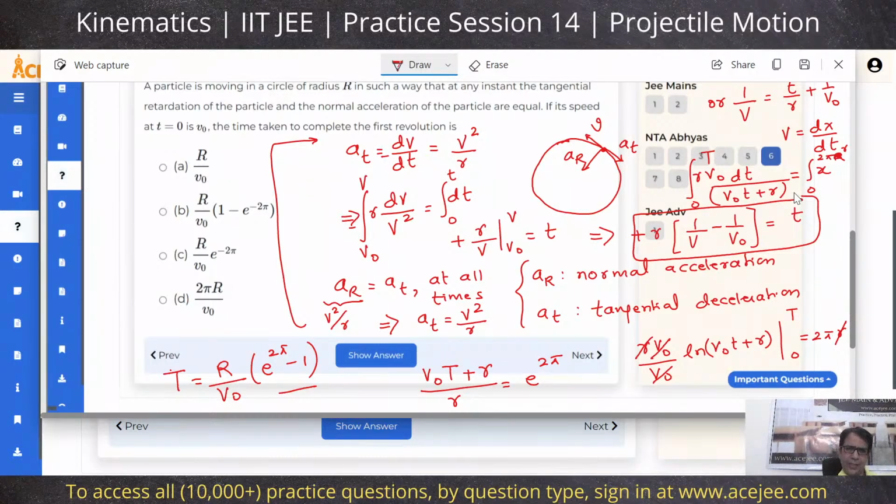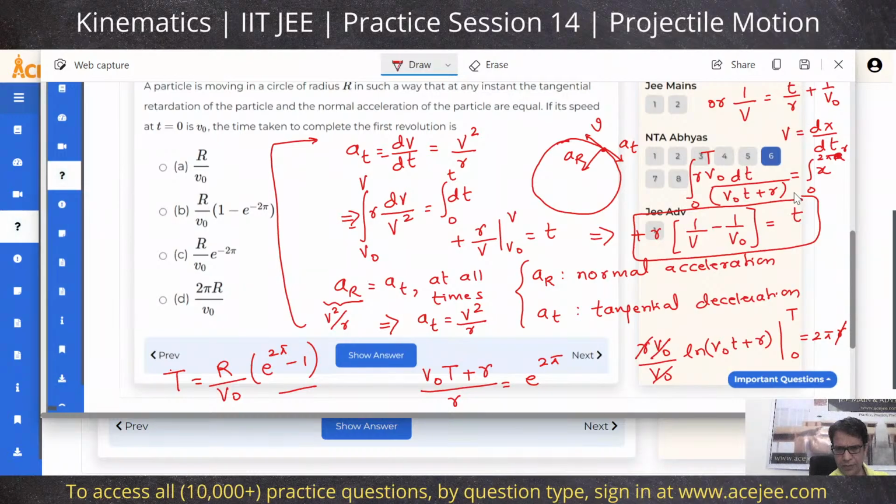So let's just check the time taken to complete the first revolution. If it was some other time t, you will have 2 pi into some other distance. Time is increasing there, so e to the power 2 pi.